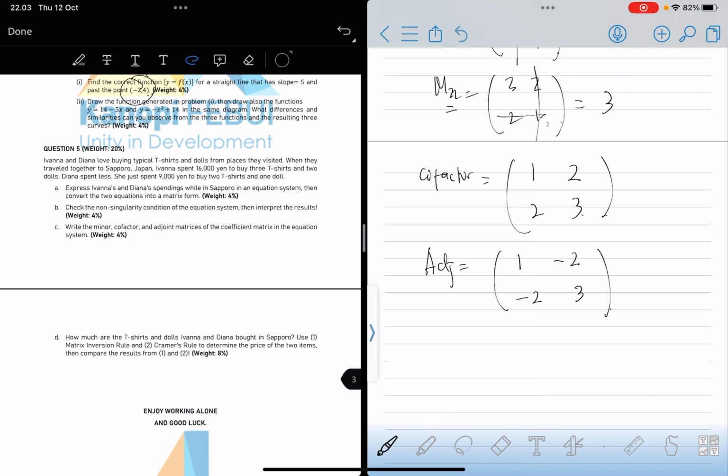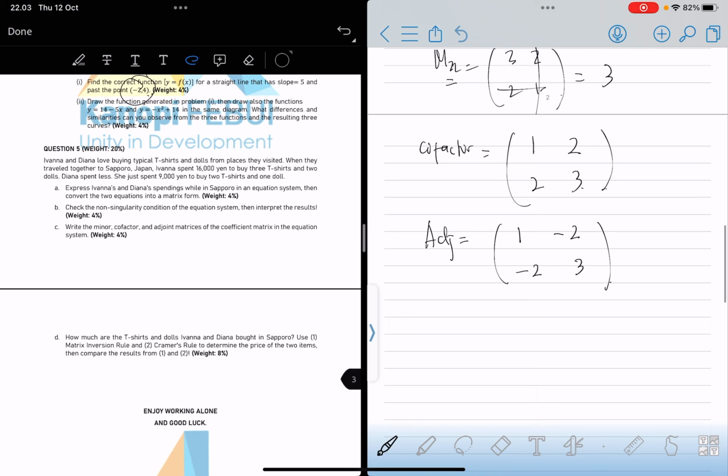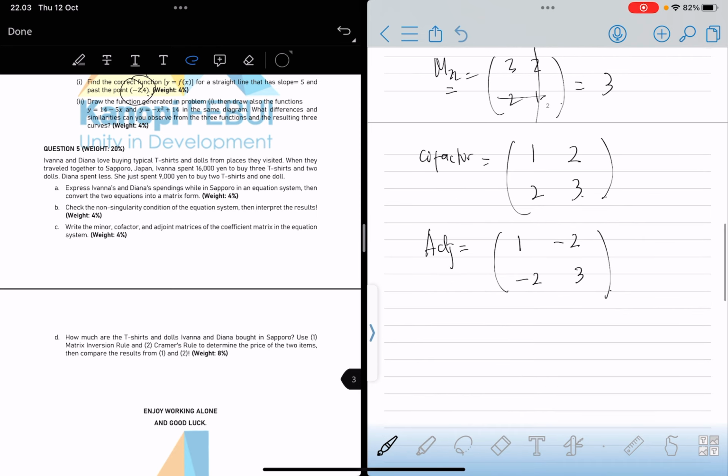And then finally we have to solve T and D. We have to use firstly matrix inversion rule, and secondly Cramer's rule.